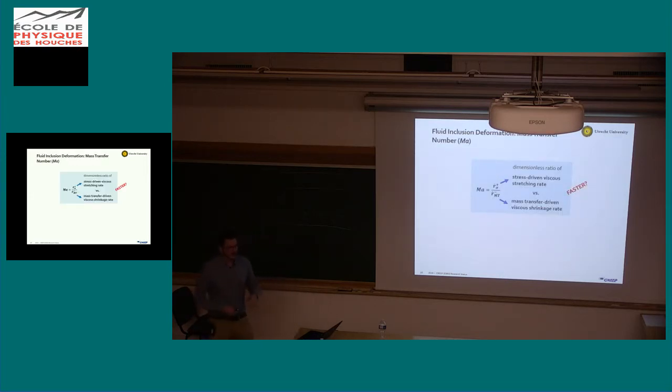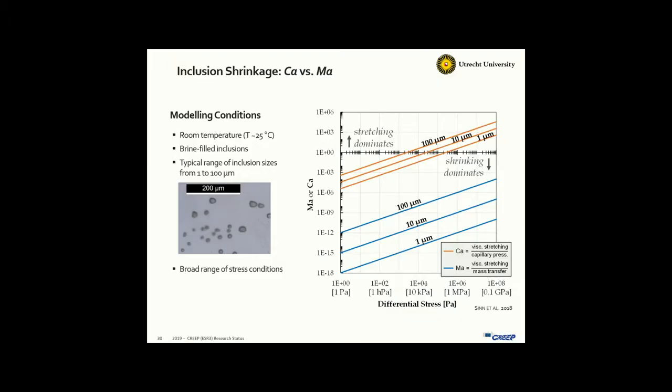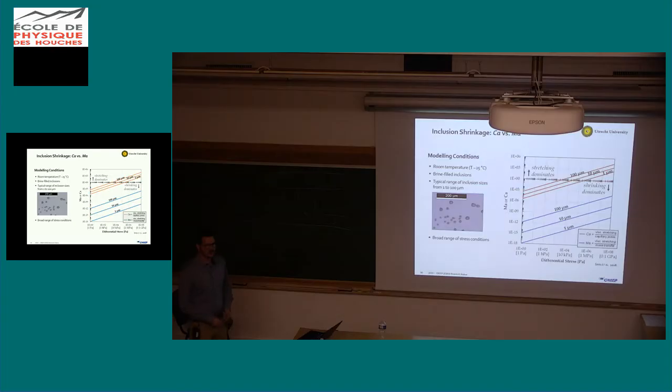So we put this concept also in a term that is similar to the capillary number concept, and we call it the mass transfer number, which again means if the number is above 1, you have stretching. If it's below 1, you have an inclusion that is not changing its shape or stays spherical. So if you look at the results, we took parameters for room temperature brine-filled inclusions, and we see both numbers, on the left side for a range of differential stresses.